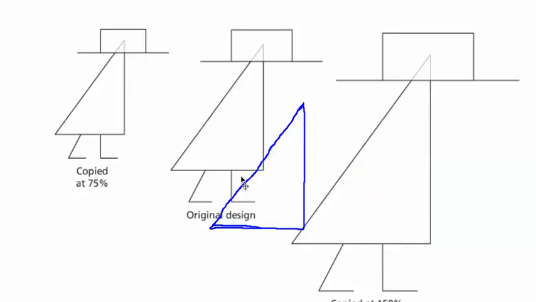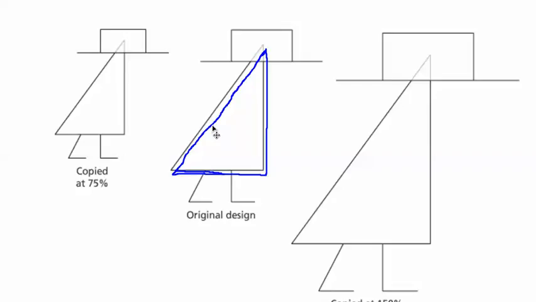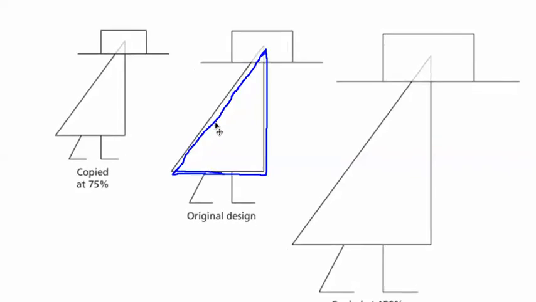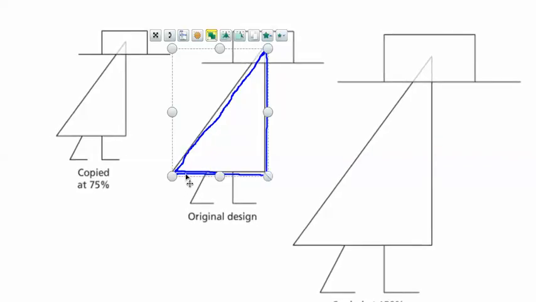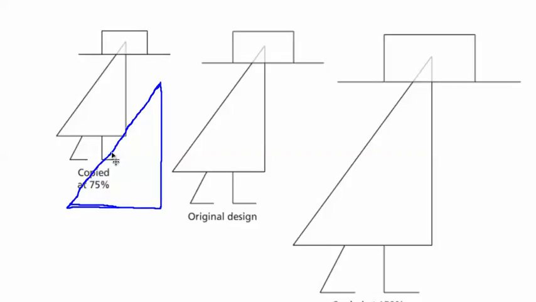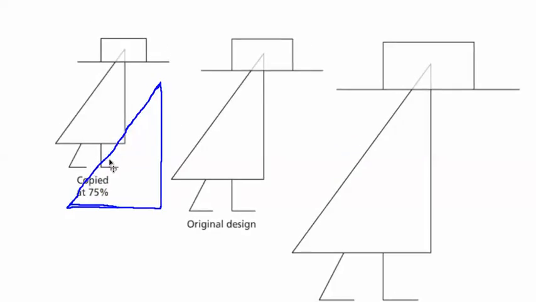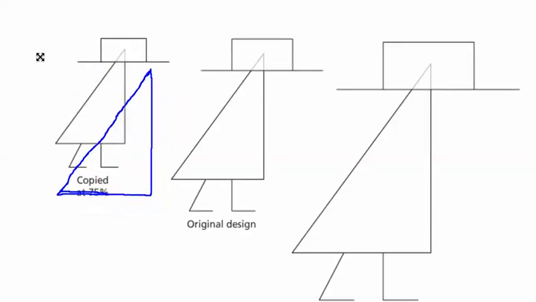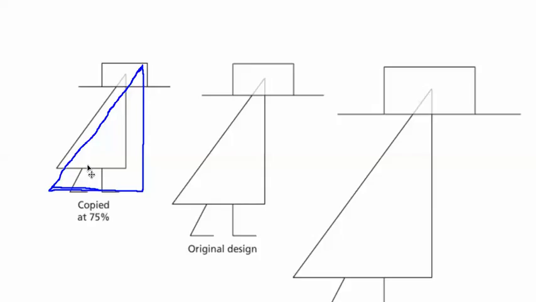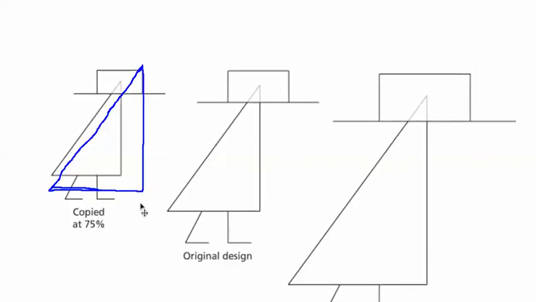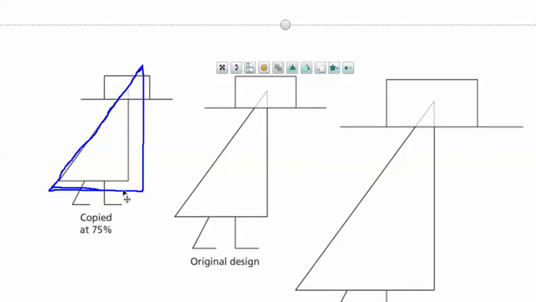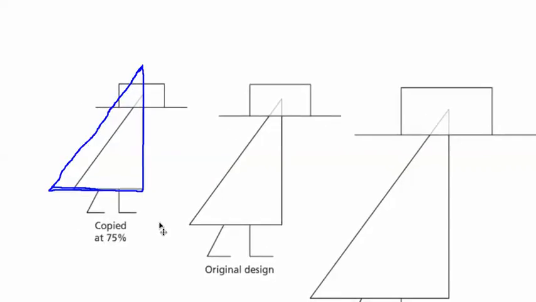And if this is copied at 75%, then you're going to multiply the perimeter of the original triangle times 0.75 to find the perimeter of this triangle.